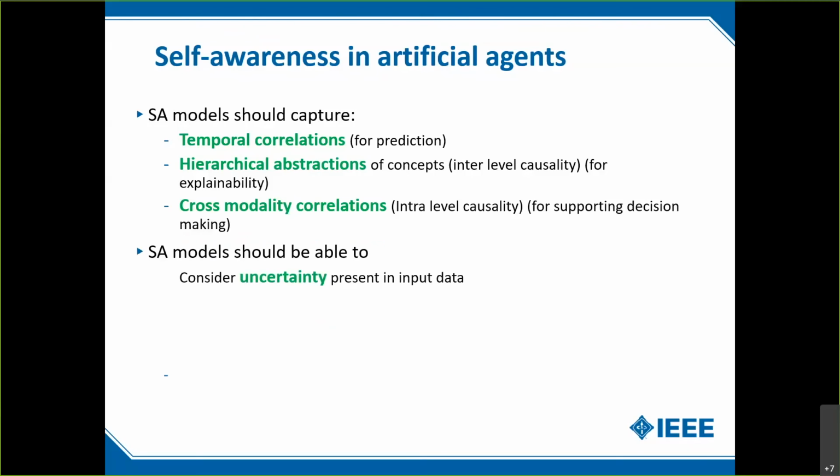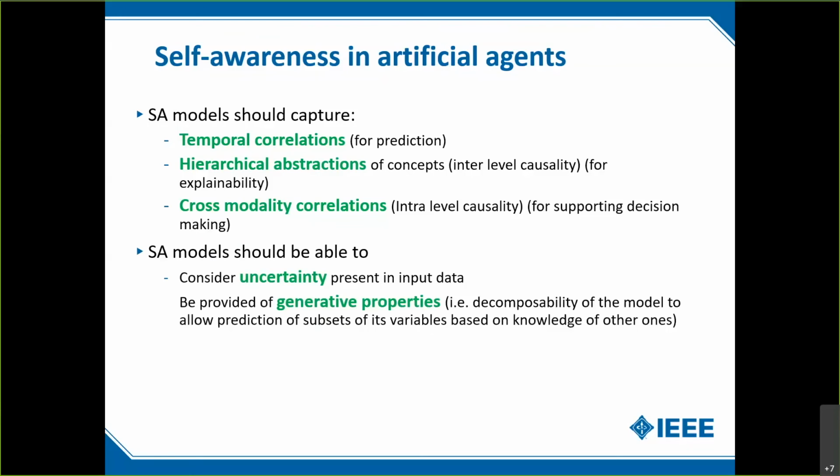And clearly, to do these things, you need models that necessarily deal with uncertainty. The model presented in the paper is based on probabilistic theory, for example, and this allows us to explain the uncertainty contained in the sensors and the uncertainty contained in the models.